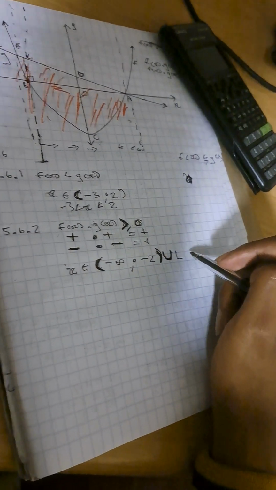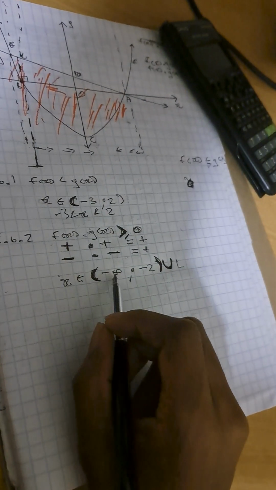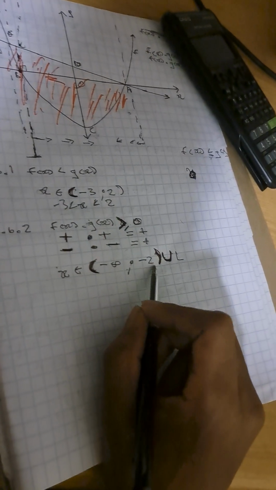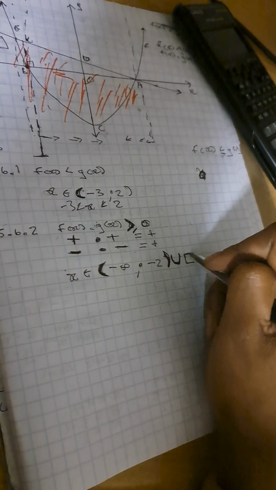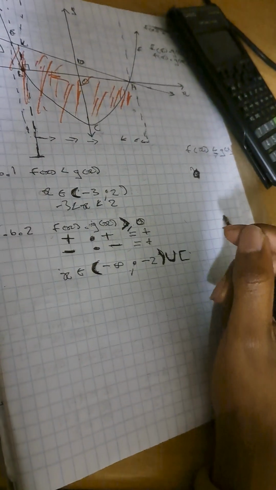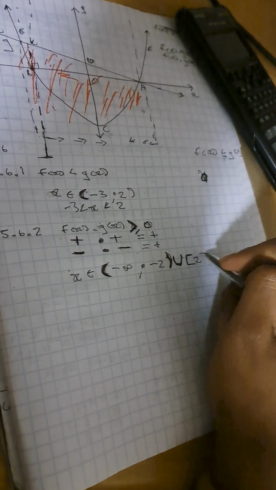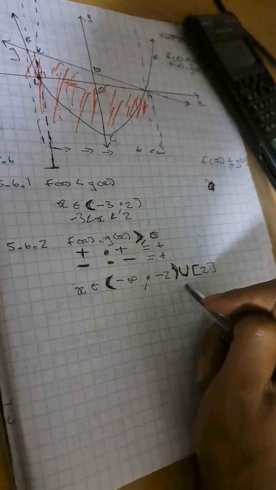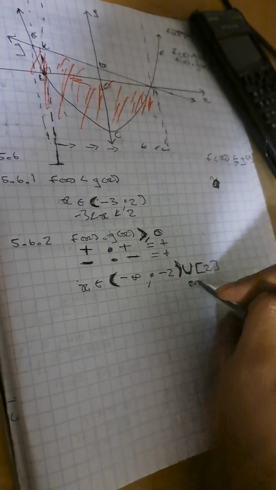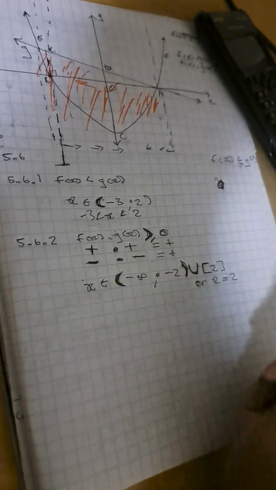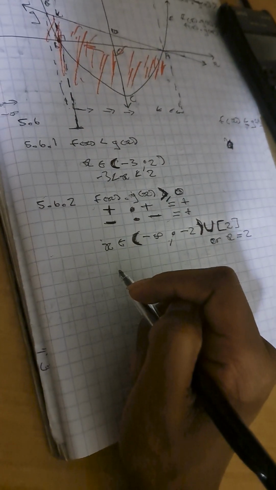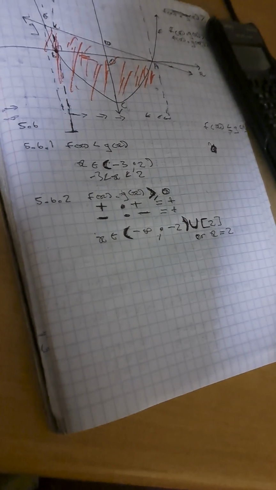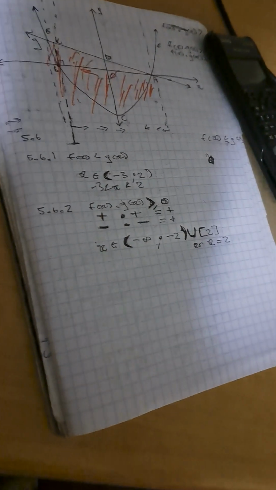So we're saying it happens at x from negative infinity up to negative 2, or we include the square brackets because it means equal to. Include means equal to at 2, right? Or you could just say or at x is equal to 2. They will give you a mark. You're still accurate. Okay, let's use the set-builder notation, the greater or equal to sign, right?